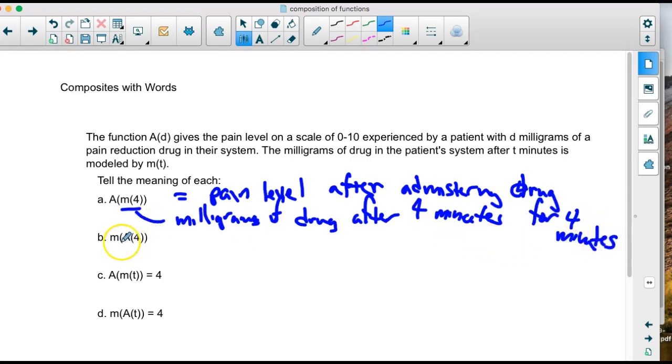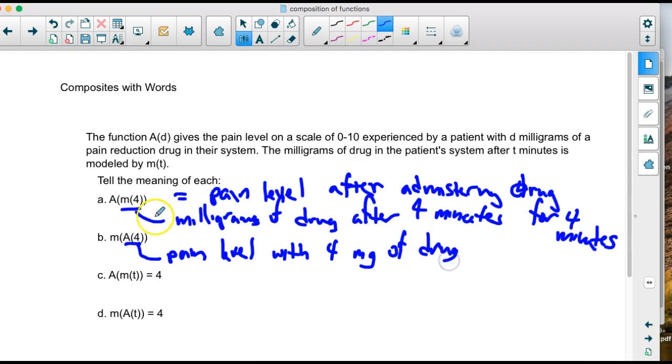Okay, now this one here says this is the pain level when you have 4 milligrams of the drug. And then it says this is the milligrams of the drug after a time. So this is not a time, so this one doesn't make any sense.